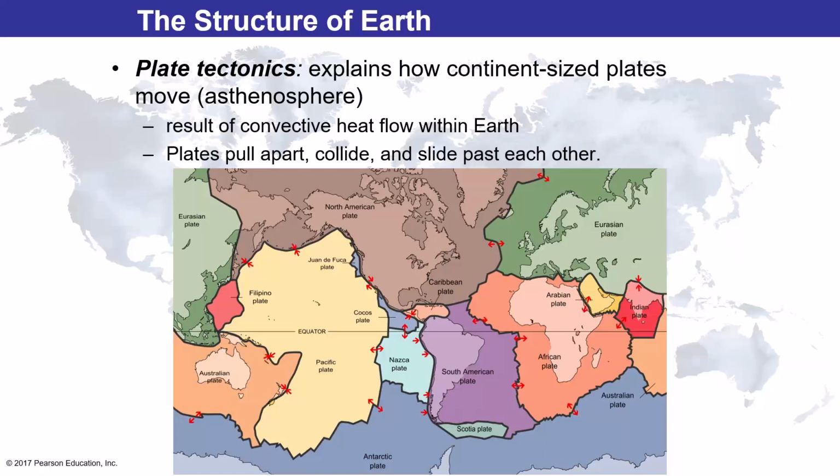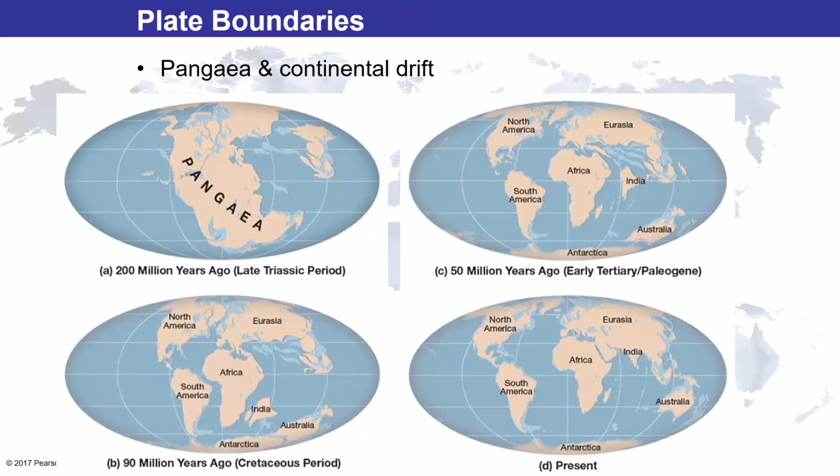We've touched on some of this, but for a little bit more detail, we will dive into it. These continent-sized plates are also the theory of continental drift. Perhaps you've heard of Pangea. This is when all of the land mass that existed on Earth's surface was congregated, and over the last 200 million years or so, the continents have drifted apart.